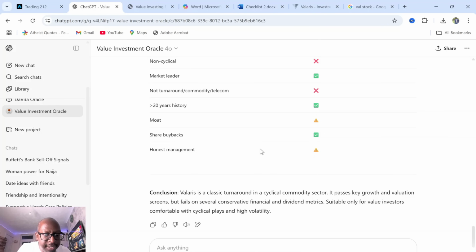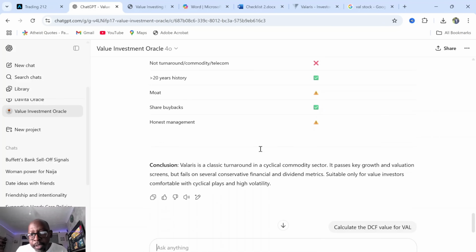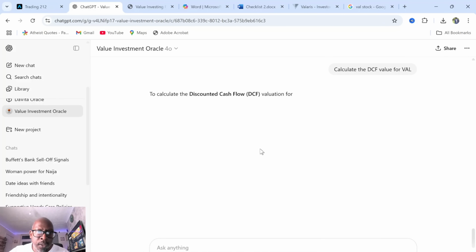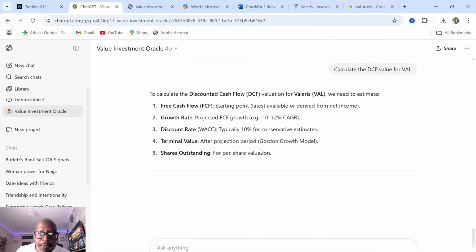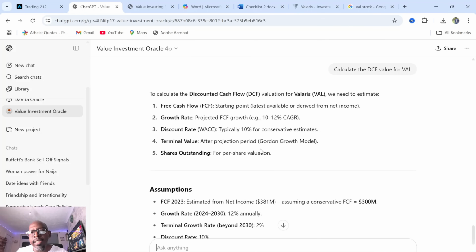So let's do a DCF. Calculate the DCF value for VAL. So it's got everything that it needs to actually calculate this discounted cash flow based on the materials that I've used to make this particular value investment Oracle custom GPT.